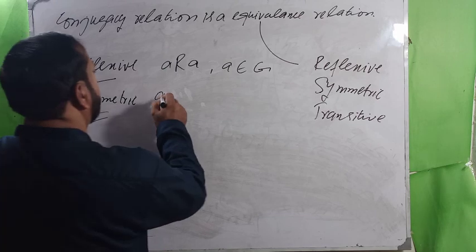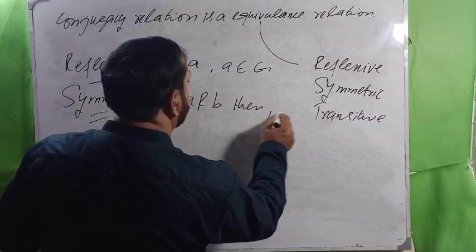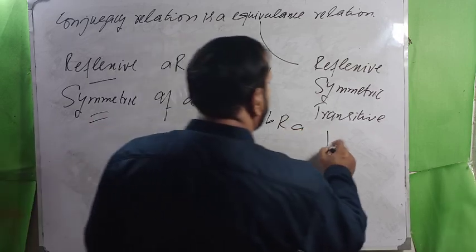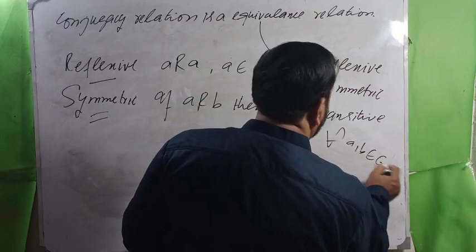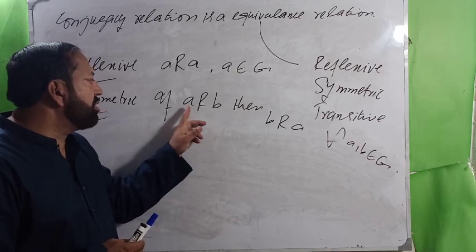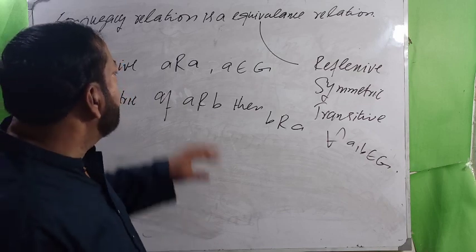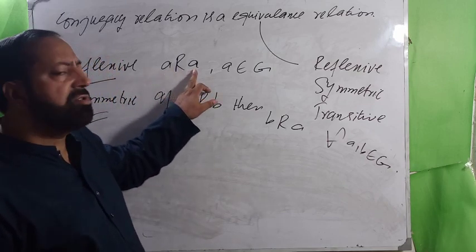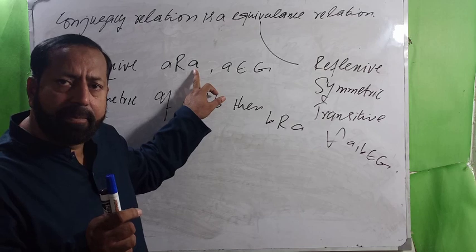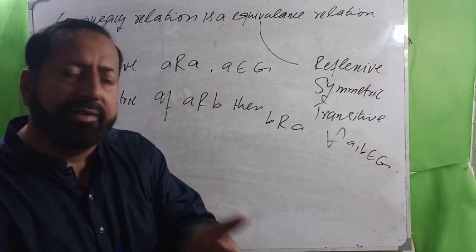Symmetry means if A related to B, then of course B related to A, for all A, B belonging to G. Means that if B is conjugate to A, in our language, conjugate relation, I am saying that A is conjugate to itself always. Every element of G is conjugate to itself always.